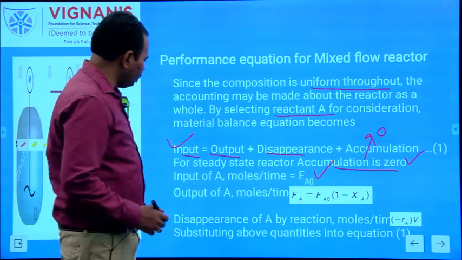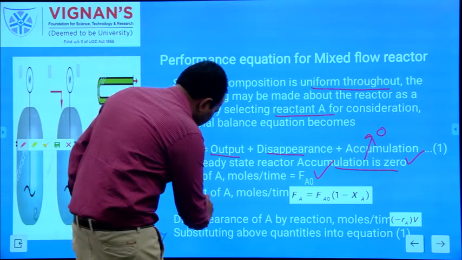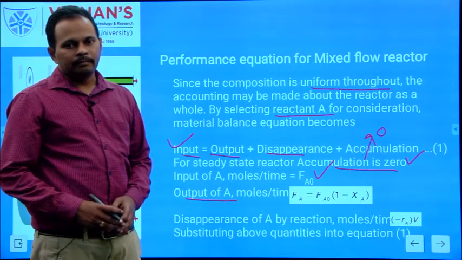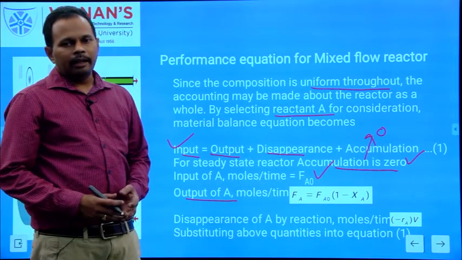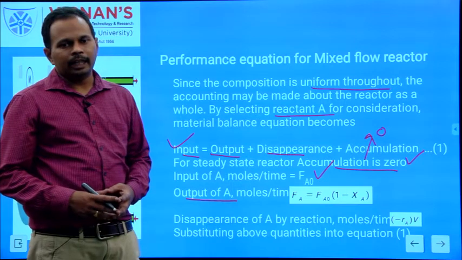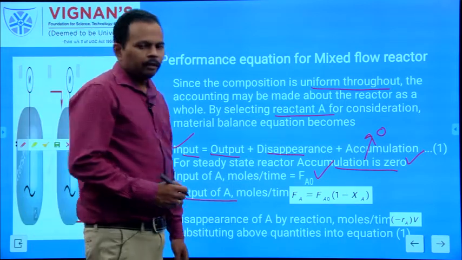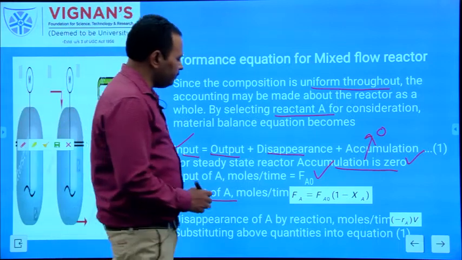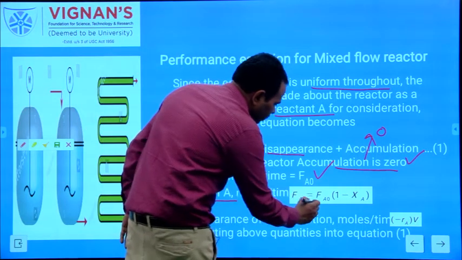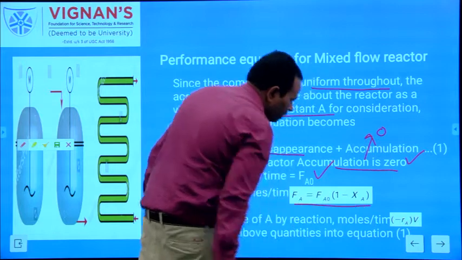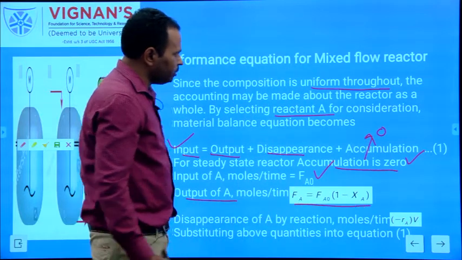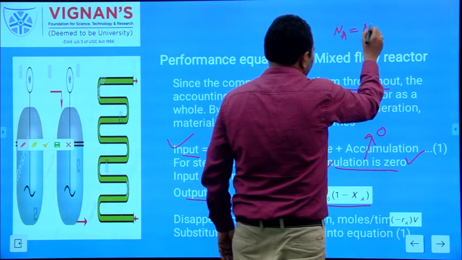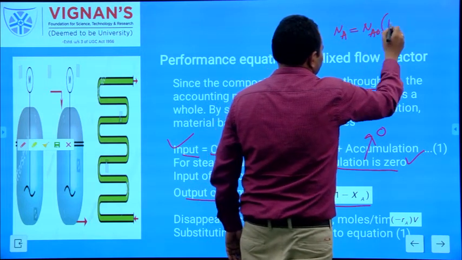What is the output of A? That is the moles of A leaving the MFR per unit time. That is FA. Just now in the previous diagram, I showed FA in the output condition. So FA can be written as FA naught into 1 minus XA. This is based on the equation: NA, the number of moles of A left in the reaction mixture, is equal to NA naught into 1 minus XA.